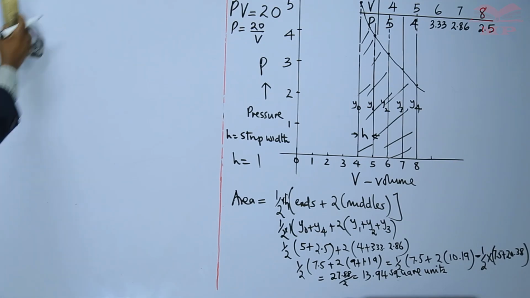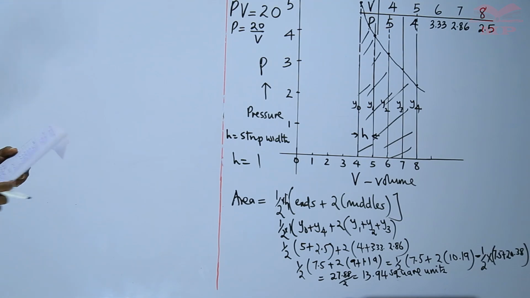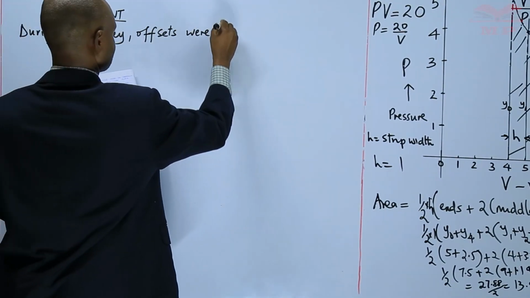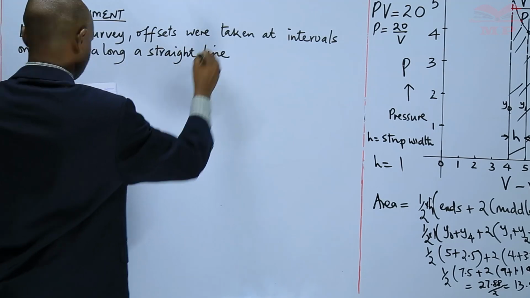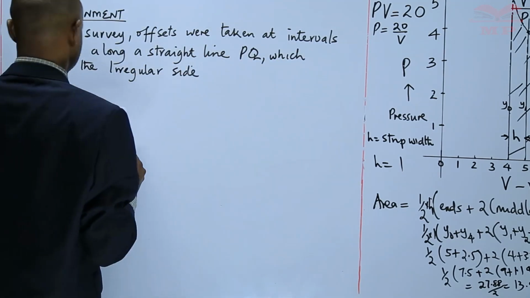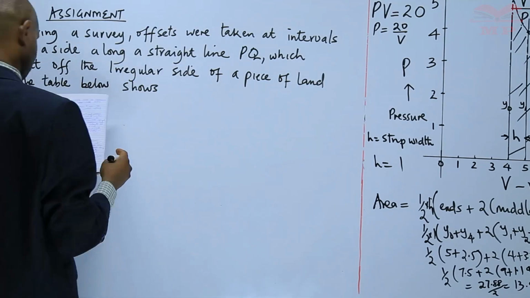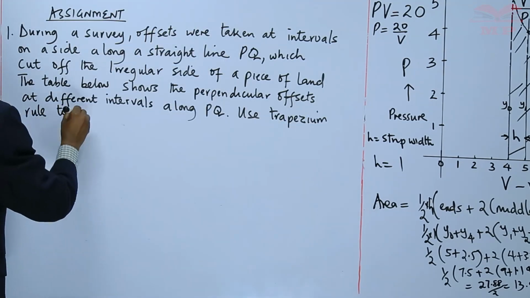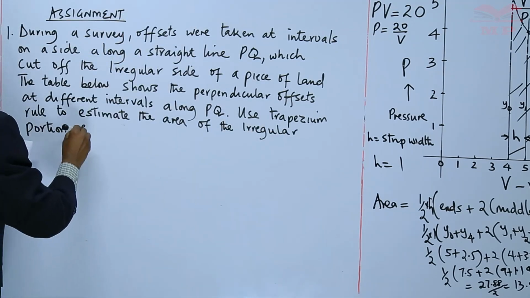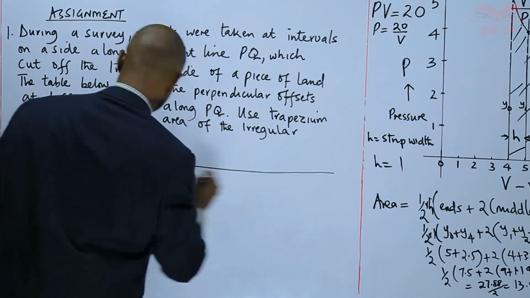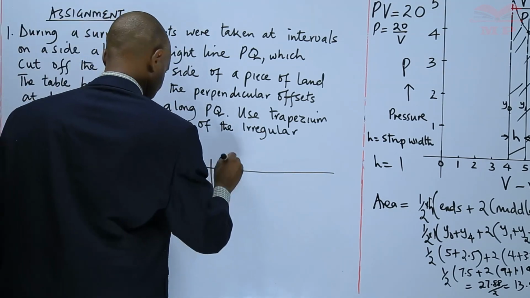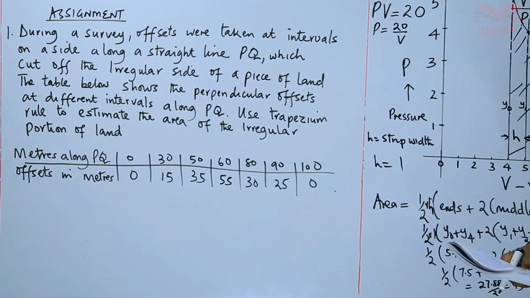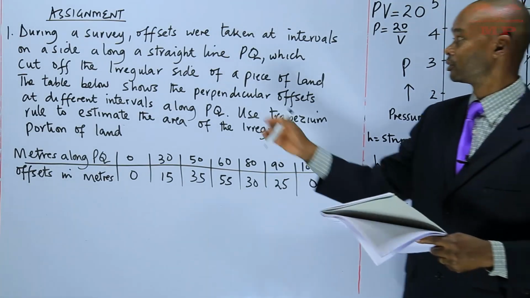So for the assignment, quickly, during a survey, offsets were taken at intervals on a side along a straight line PQ.